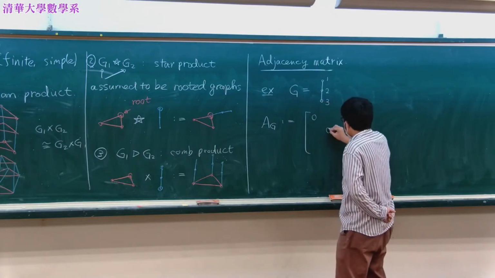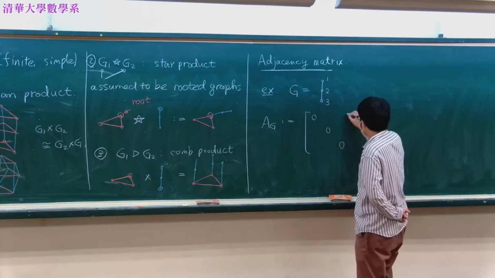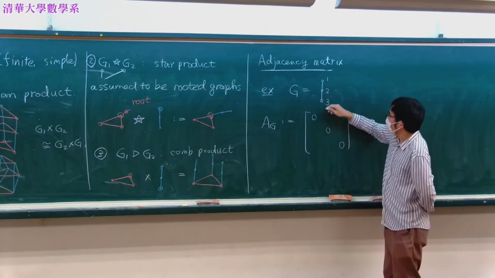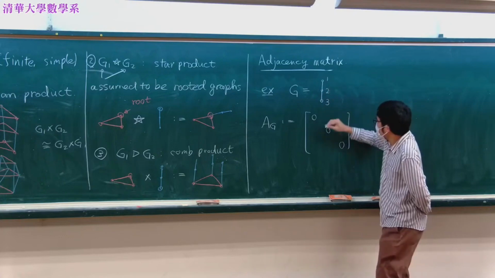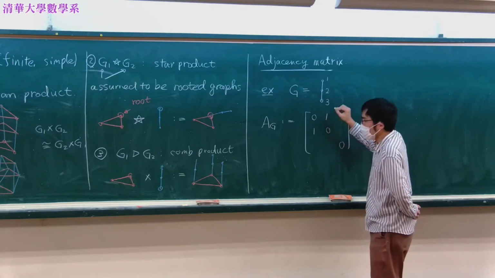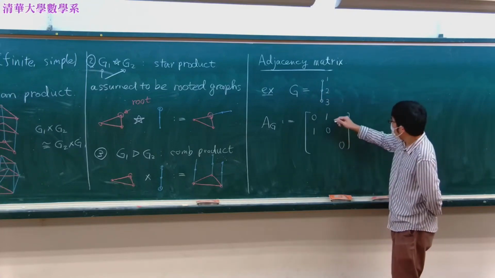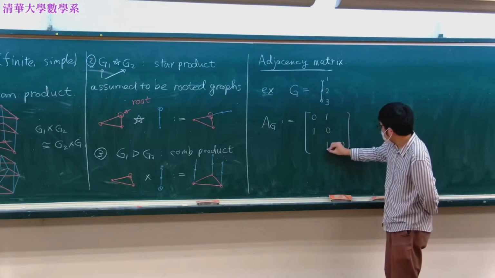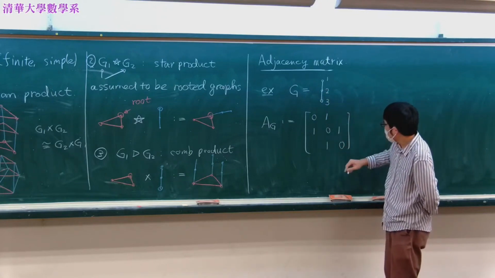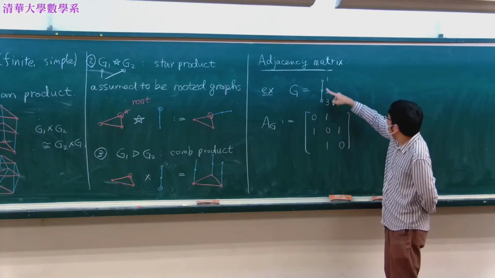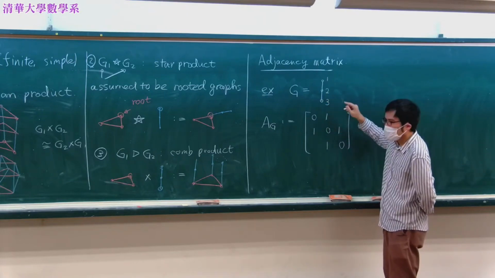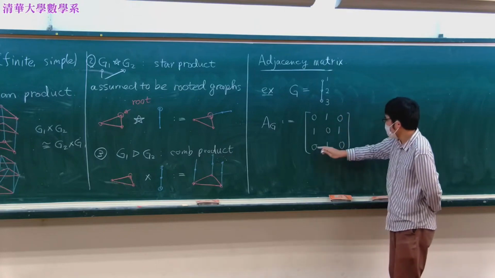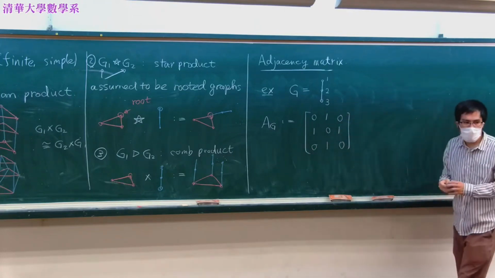First the diagonal entries are all 0, and between 1 and 2 there is an edge, so that means 1 and 1 here. And 2 and 3, there is an edge, so that means 1 and 1 here. Between 1 and 3, there is no edge, that means zeros for the (1,3) and (3,1) entries.